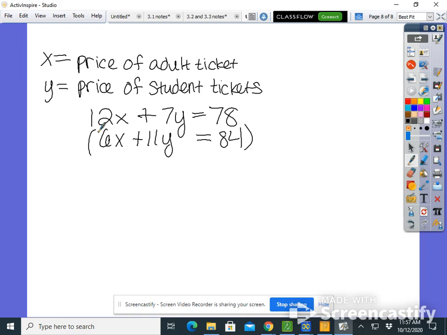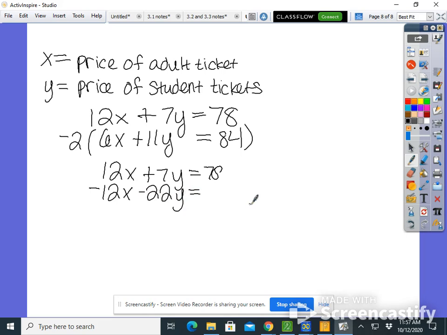I need to multiply by -2 to get a negative 12X here. So negative 12X minus 22Y equals negative 168, right? Yeah, it's negative 168.